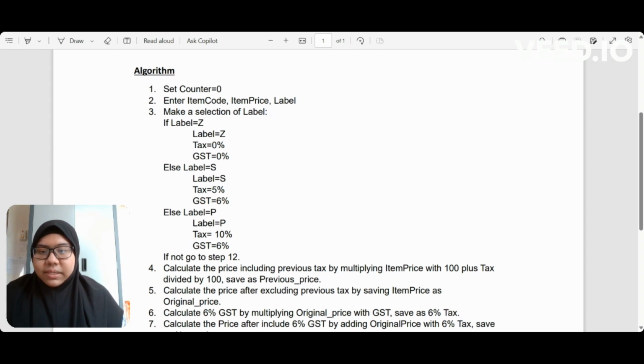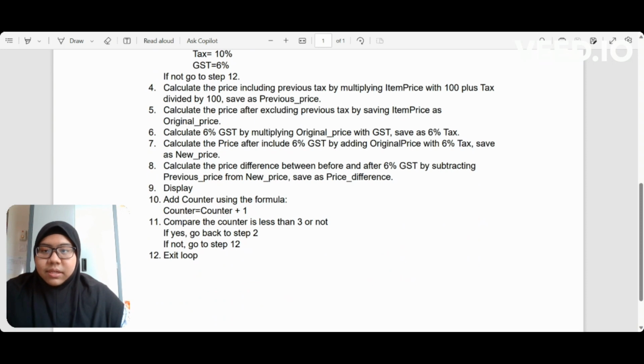Else label is equal to S, the label will be S, the tax will be 5%, and the GST will be 6%. Else label P, the label will be P, tax equals 10%, and GST equals 6%. If not, go to step 12, which is exit loop.